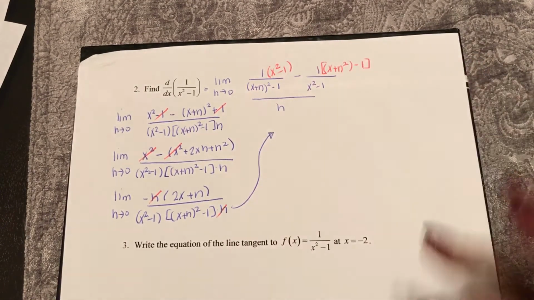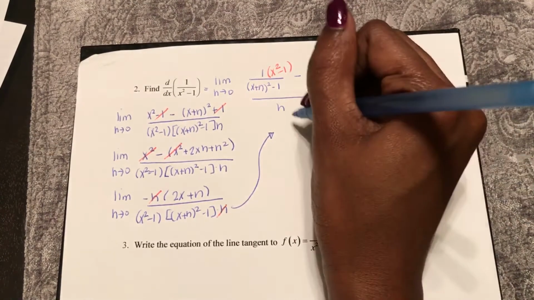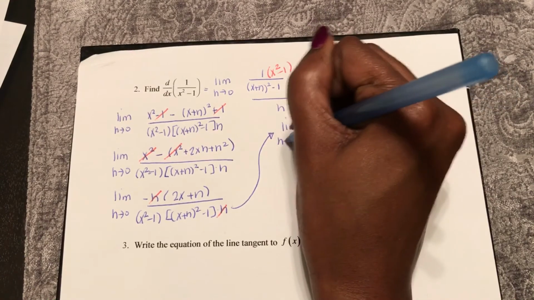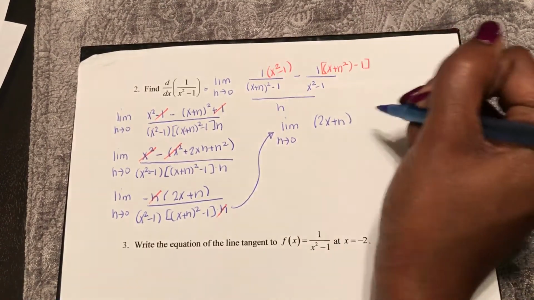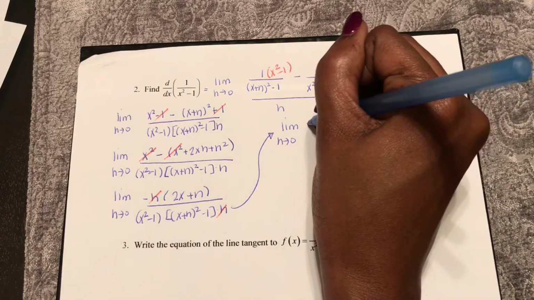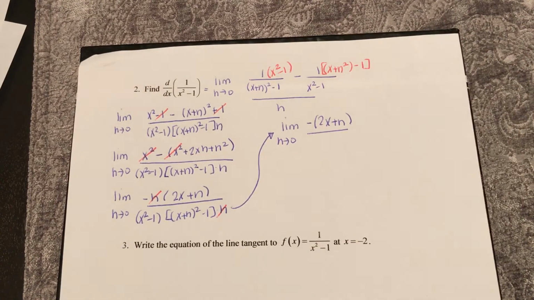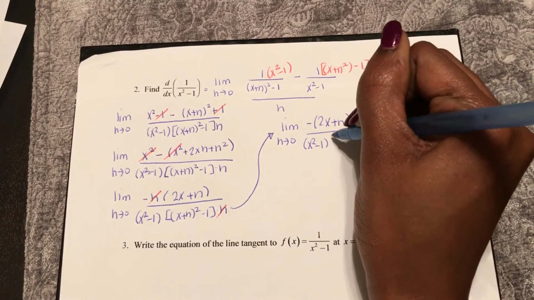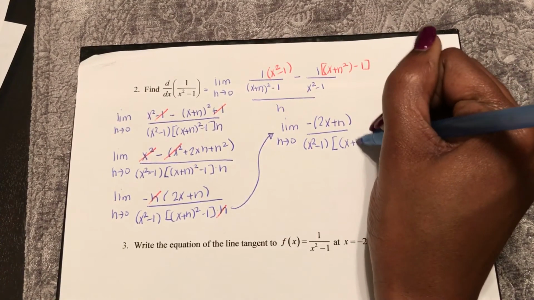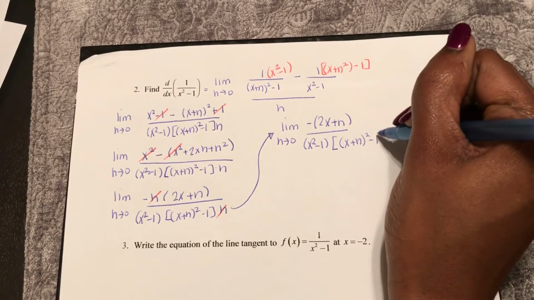I'll go up here, and I'm left with the limit as h approaches 0 of negative 2x plus h over x squared minus 1 multiplied by x plus h squared minus 1.